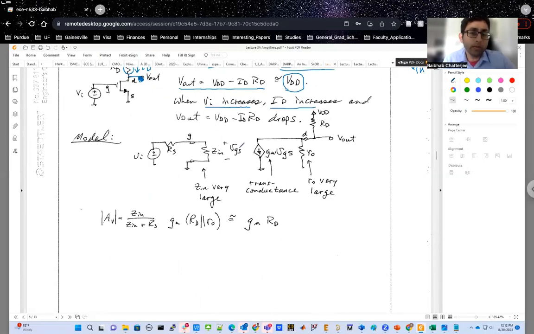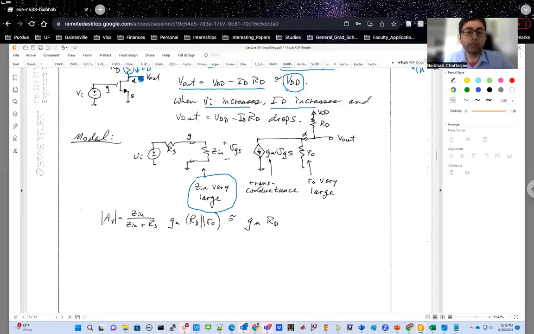All right, and the model for this particular amplifier, when you have a MOSFET-based amplifier, looks something like this. The input side, again, looks very similar. You have a Zin, which is ideally very large. On this side, instead of a voltage-dependent voltage source, now you have a voltage-dependent current source.